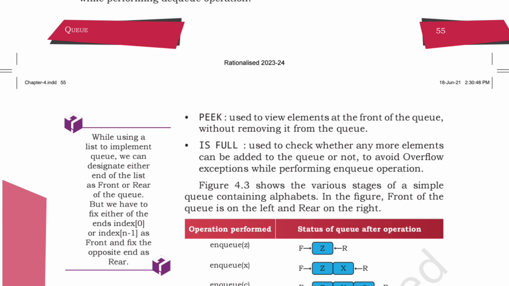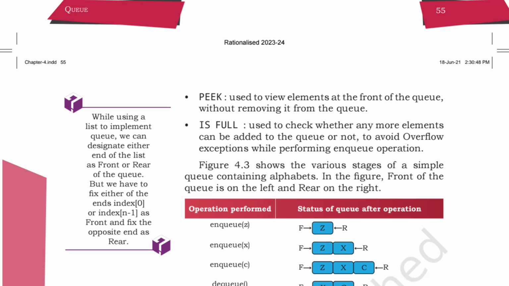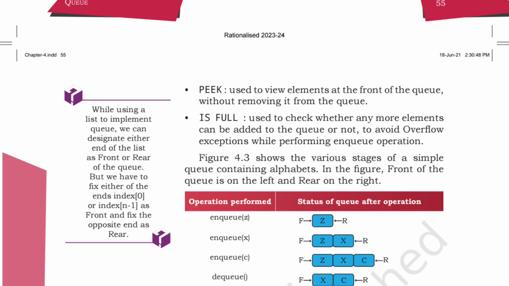So we have to check that overflow should be avoided, and then the NQ operation will be performed. Over here we just have to check whether the queue is full or not, and avoid the overflow exception while performing NQ.